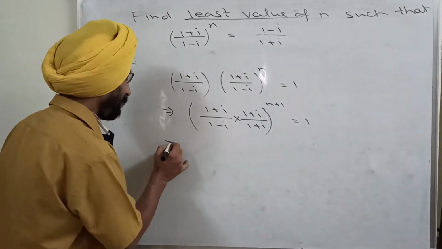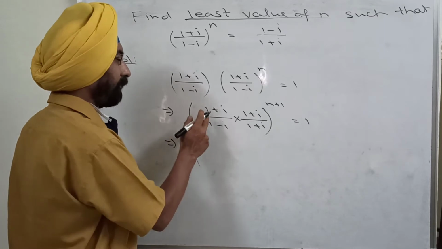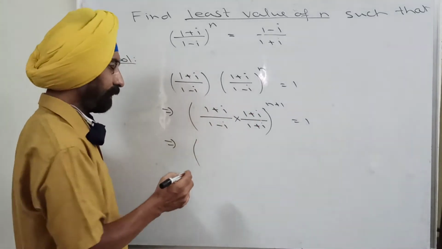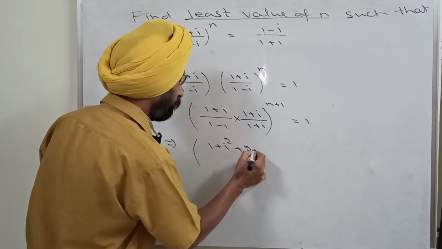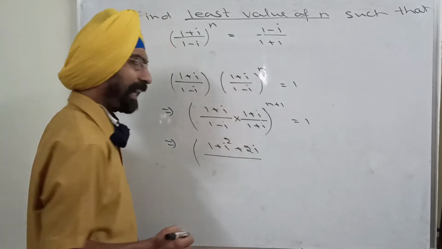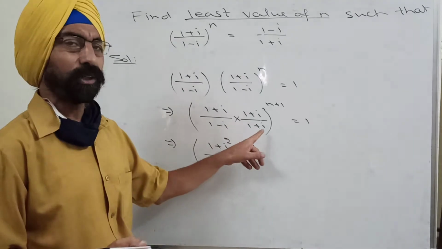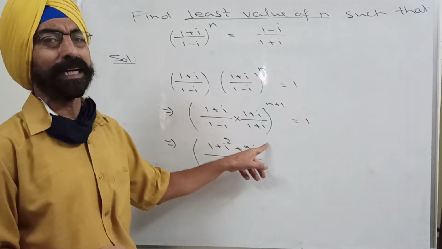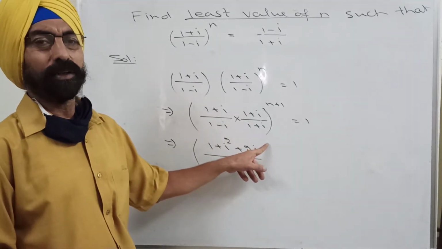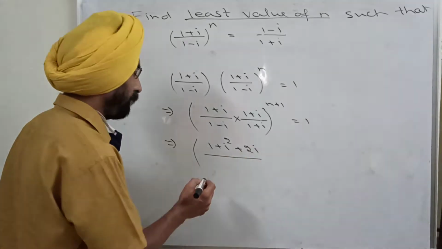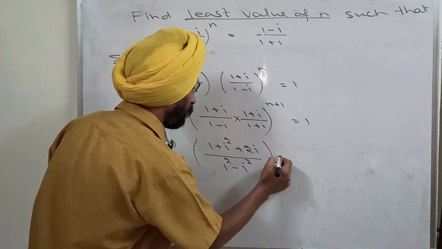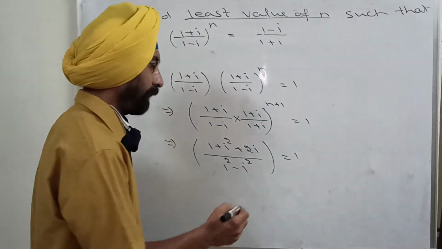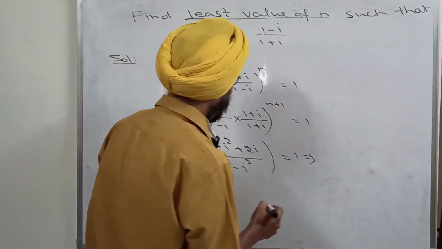So in the next step, you will get the square of 1 plus iota, that means 1 plus iota square plus 2 iota, and in the denominator this is 1 minus iota into 1 plus iota, that means a minus b into a plus b, which is a square minus b square. So it is 1 square minus iota square. So what you will get then?